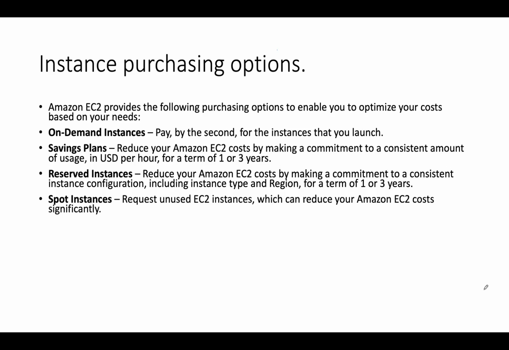On spot instances, that means you request unused EC2 instances, which can reduce your Amazon EC2 cost significantly. You can bid for any amount of resources that is available in your region, and Amazon will provide them for that cost.